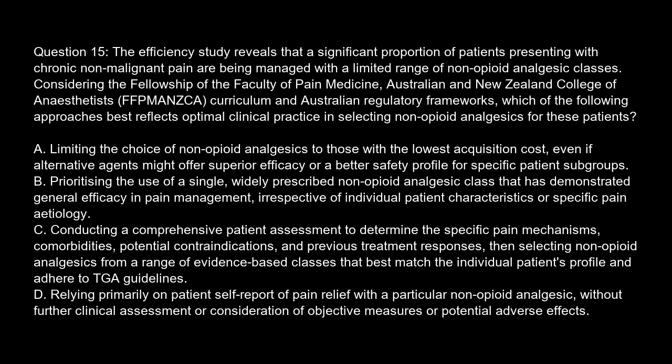Option C. Conducting a comprehensive patient assessment to determine the specific pain mechanisms, comorbidities, potential contraindications, and previous treatment responses, then selecting non-opioid analgesics from a range of evidence-based classes that best match the individual patient's profile and adhere to TGA guidelines. Option D. Relying primarily on patient self-report of pain relief with a particular non-opioid analgesic, without further clinical assessment or consideration of objective measures or potential adverse effects.